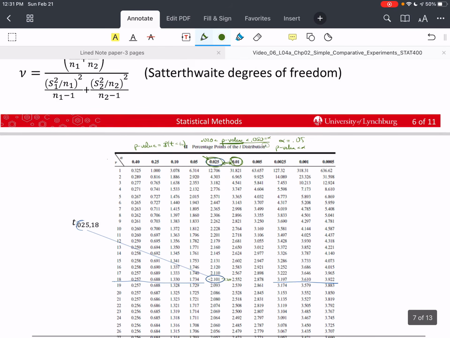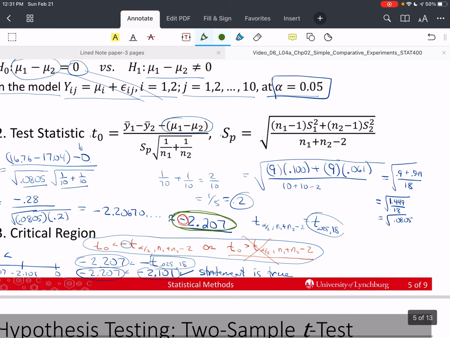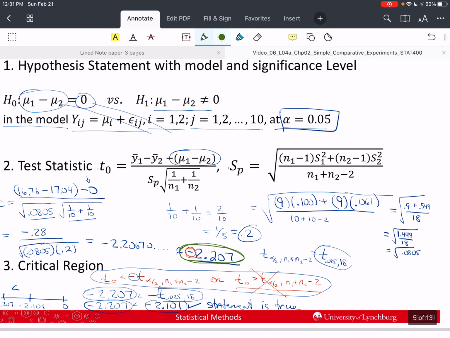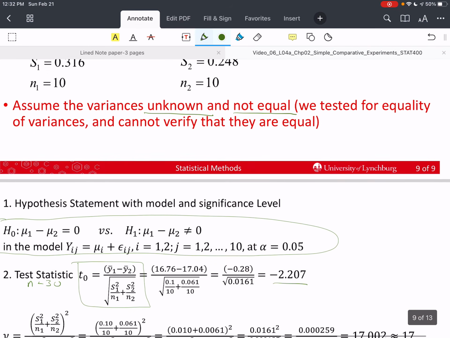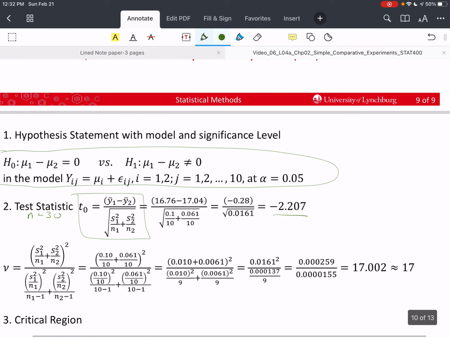We used S sub p for the pooled standard deviation. It turns out that when N1 and N2 are equal, this test statistic reduces to this other test statistic. They are exactly the same.